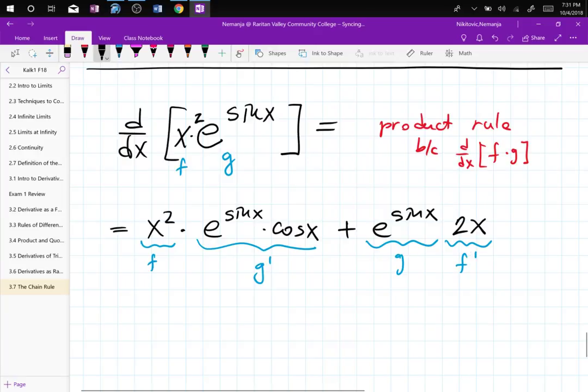We are factoring this as far as we can to reduce the number of operations. We have e to the sine x and x that can be kicked out. What's left is x cosine x from the first term, plus 2 from the second term. Fewer calculations, obviously, in the simplified version.